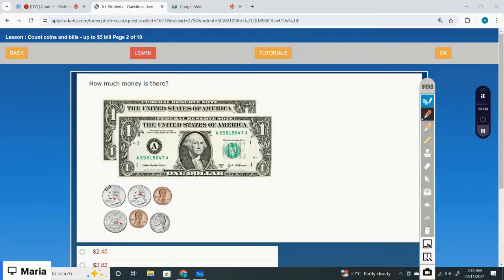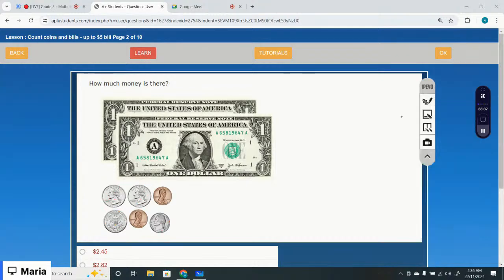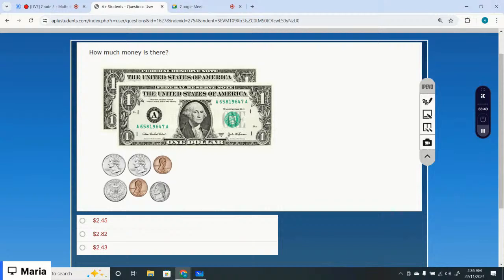You can count them by 25s, so 0.25, 0.25, and 0.25. This is the nickel. You can count it by 0.05, and you can count the pennies by 0.01. So together they make 0.75, 0.80, and $2.82. Option number 2 is the correct option. Very good. That is $2.82.